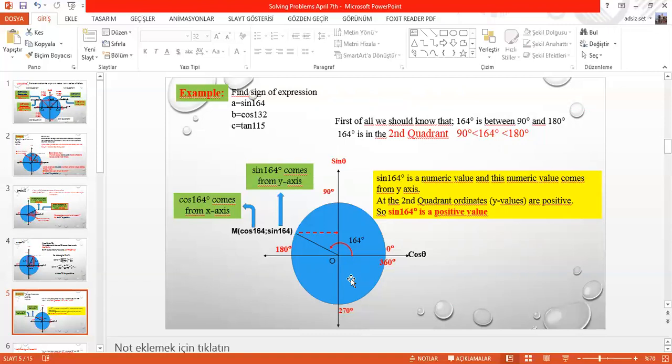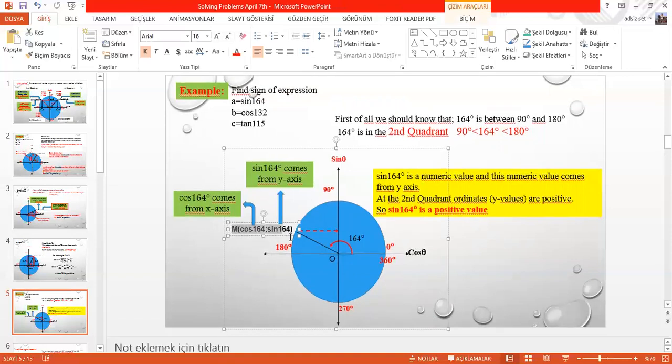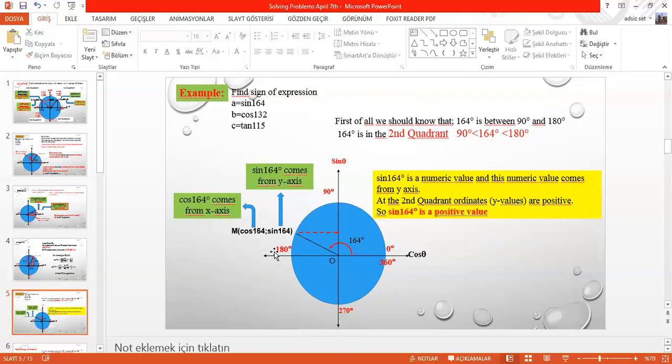When you take a point like M in the second quadrant, the first component, this is important, everybody should know that and memorize that: all the cosine values come from the x-axis, so the x-axis is called the cosine axis, and all sine values come from the y-axis, so the y-axis is called the sine axis.